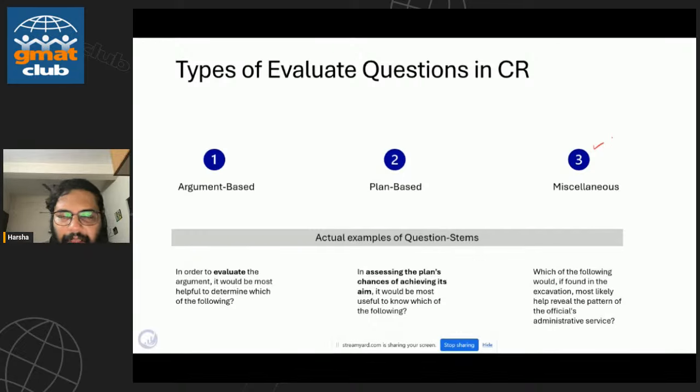Of course, sitting right here, you know that we are doing evaluate questions. But in the exam or when you're doing a mixed bag timed set, I hope you'll also be able to recognize what you need to do for such questions. And you don't need to break your head to figure out that this is an evaluate type question. Absolutely not necessary. Read what is given, read what is asked, execute.